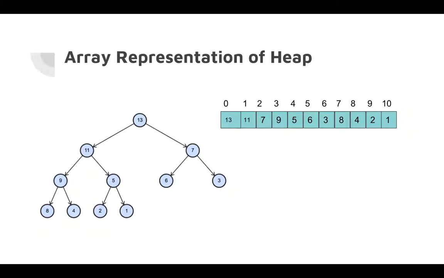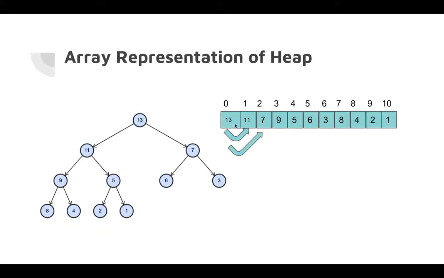we can take an example. The value of root 13 has a left child, which is 11, and then 7.